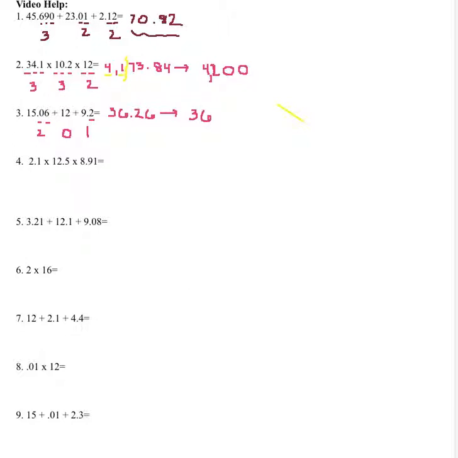Okay. For the next one, I'm multiplying, so it's going to be based off of significant figures. So when I do that, 2.1 has 2 sig figs. 12.5 has 3. This has 3, and so when I actually do the multiplication, 12.5 times 8.91, I get 233.8875.